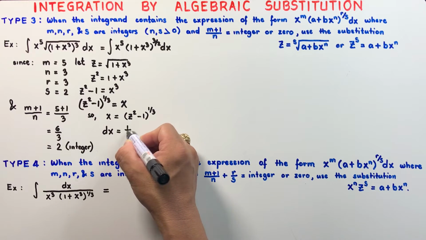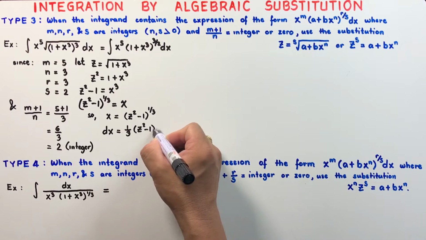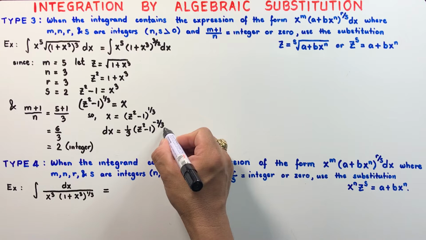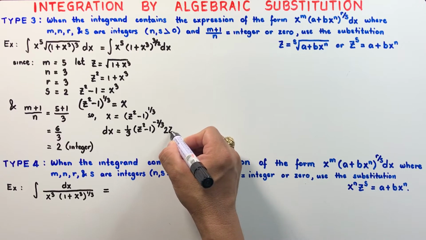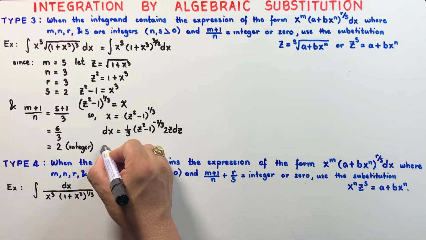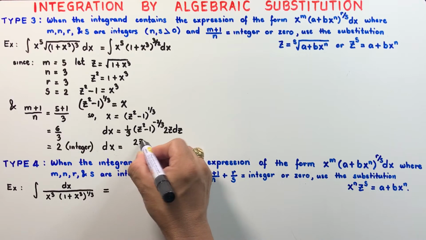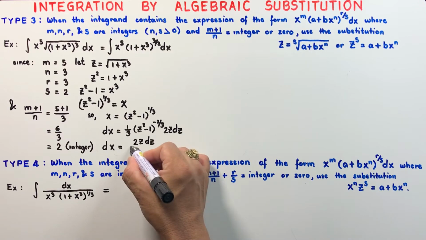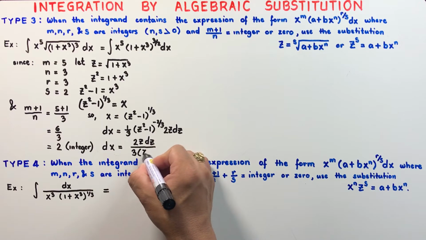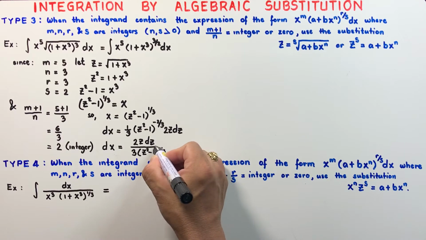And we solve for our dx, which is 1/3 times z squared minus 1 to the power negative 2/3, and by the chain rule, we need to multiply by the derivative of z squared, which is 2z. So our dx is equal to 2z dz, and our denominator here is 3 times z squared minus 1 to the power 2/3.